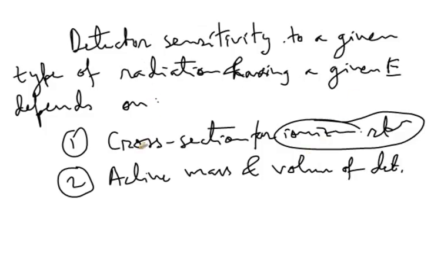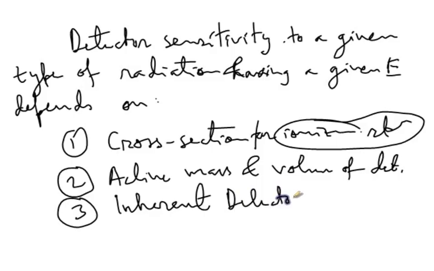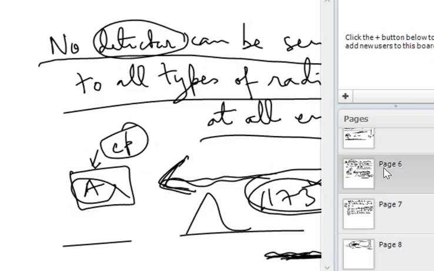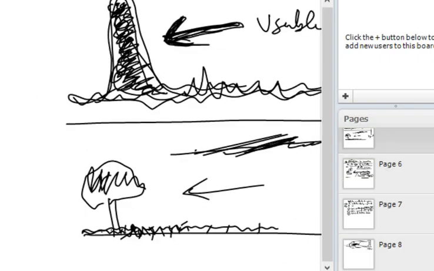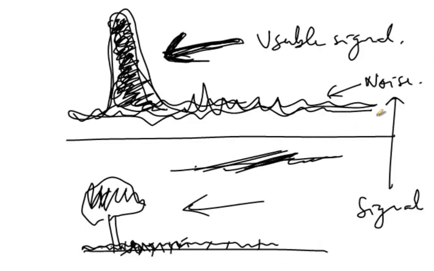now number 3 is the inherent detector noise. This is what I was saying a little while ago, remember I talked about this previously. Suppose even before a radiation enters the detector, we always have this sort of thing. So this means there is a noise.